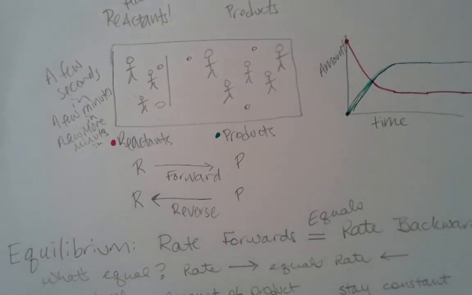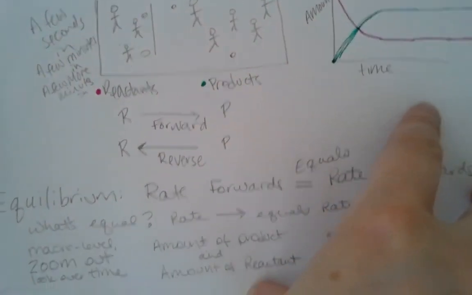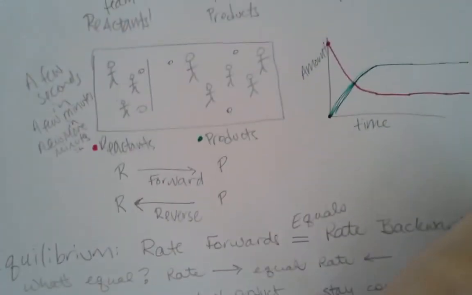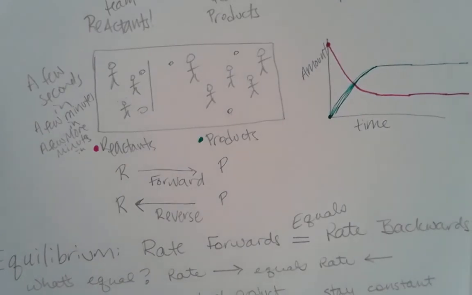So the reaction is still happening. It's dynamic. It never stops. If the rate forward is equal to the rate backward, that is what we call equilibrium. And at equilibrium, what stays constant is the amount of product, the amount of reactant, and that ratio.